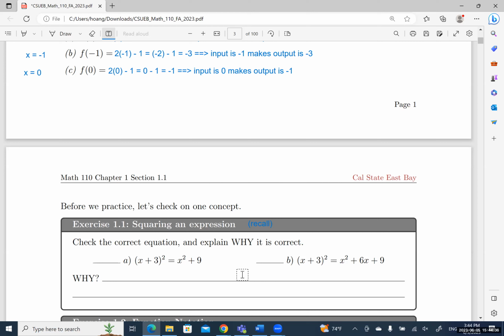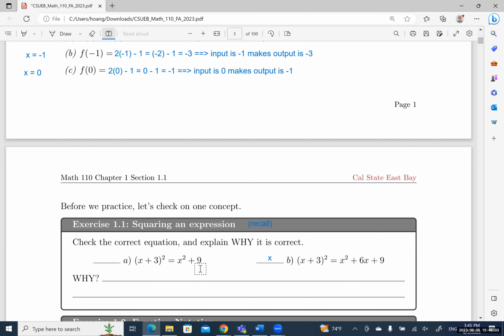Okay, now I'm going to give you the answer. The answer in this case will be B. The ones who chose part A said x plus 3 squared equals x squared plus 9, right?